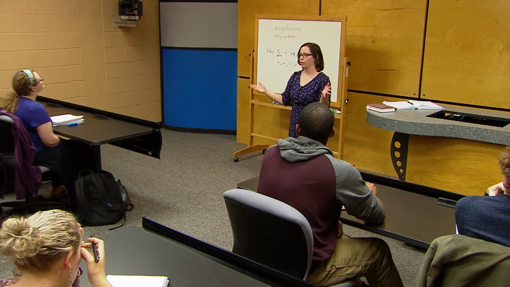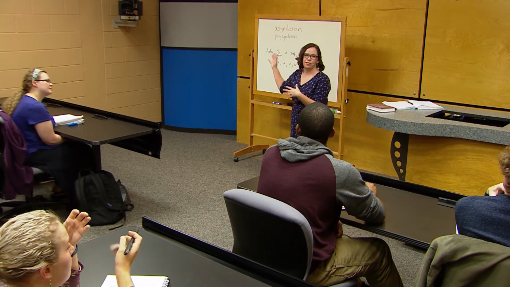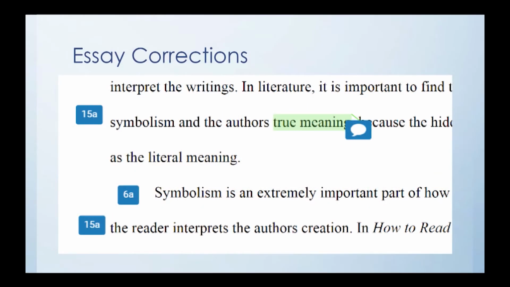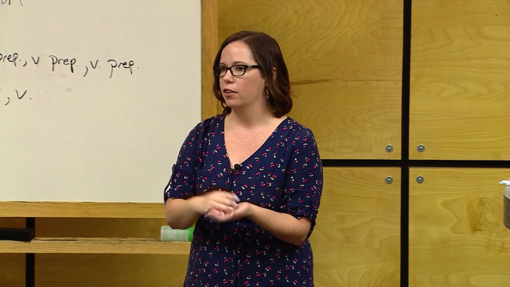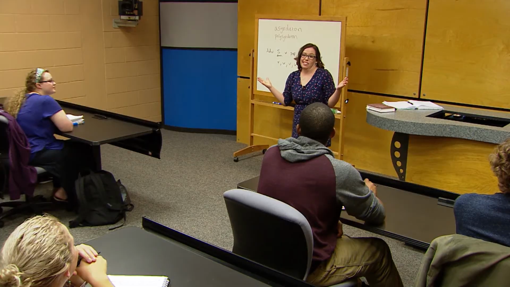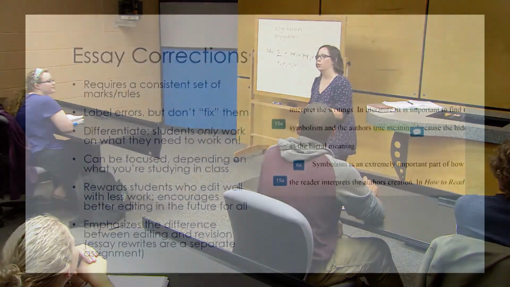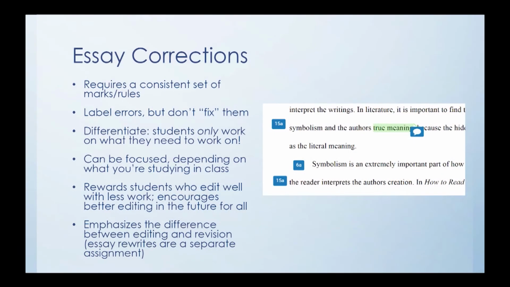You could write frag for fragment, right? It doesn't have to be those things. You just need a way for your students to know what it is that you're talking about. I know teachers that just give them a handout at the beginning of the year that has everything on it, and that'll be fine. You can use whatever you want. So again, I'm labeling the errors, but I'm not fixing them for them.